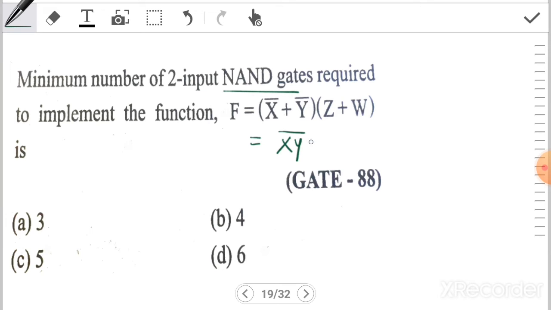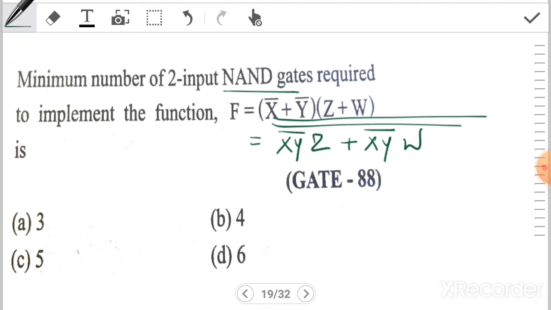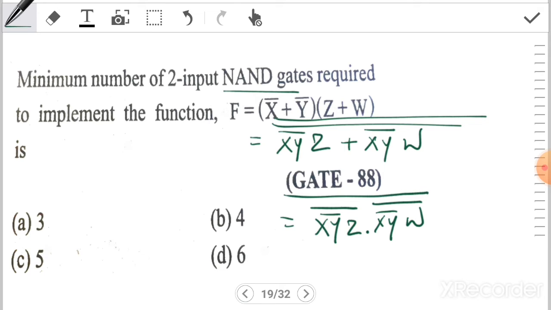Now we can write x complement plus y complement as x y complement, then x y complement times z plus x y complement complement w. Again taking double complement, so we have x y complement z, x y complement w, complement complement, again a complement.